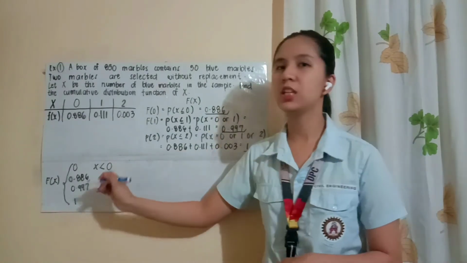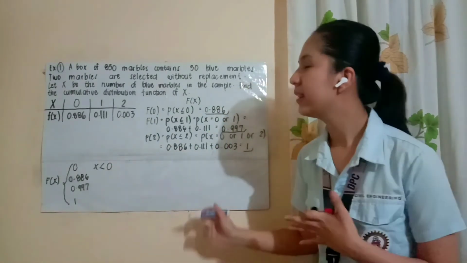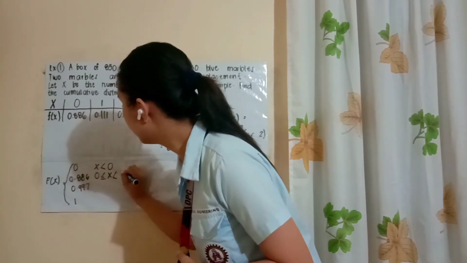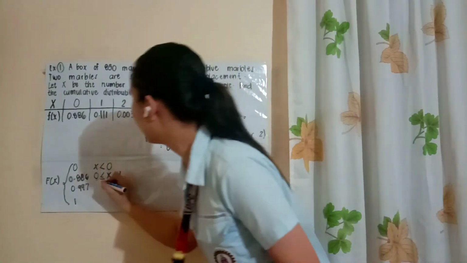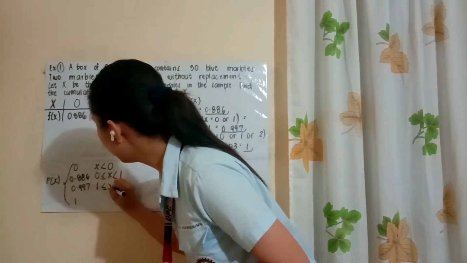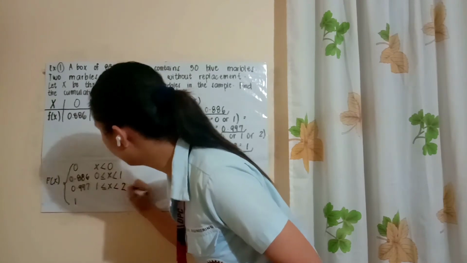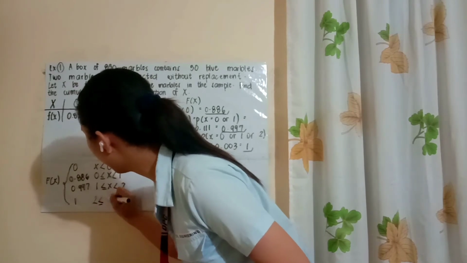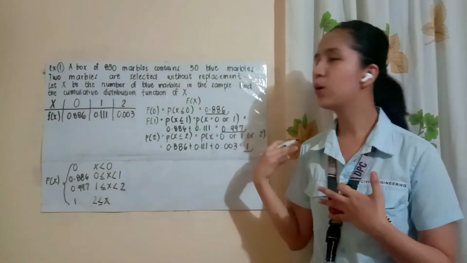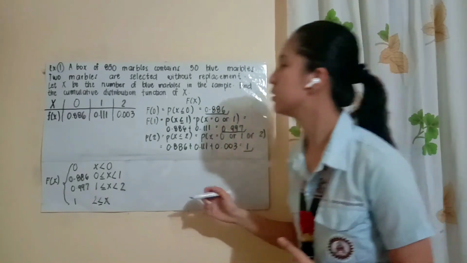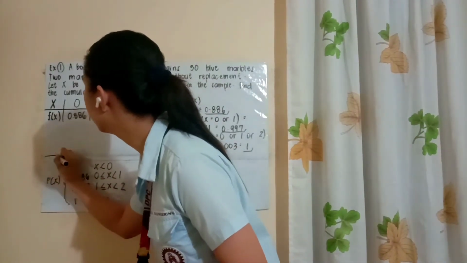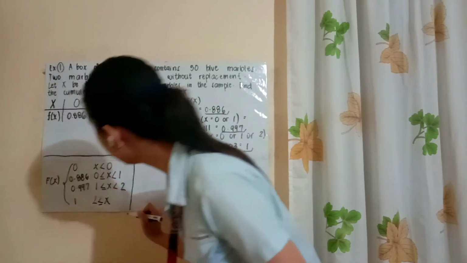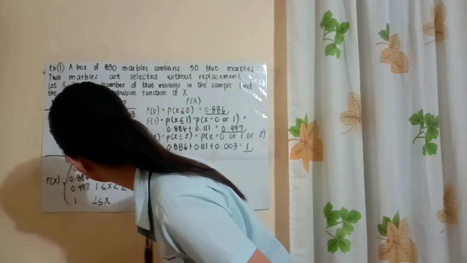Mas maliit si x kaysa kay 0. Next, we have 0 less than or equal x less than 1. Then, we have 1 less than or equal x less than 2. And for the last one, we will have 2 less than or equal x. So, meron na tayong cumulative distribution function. Ito na yung final answer natin.